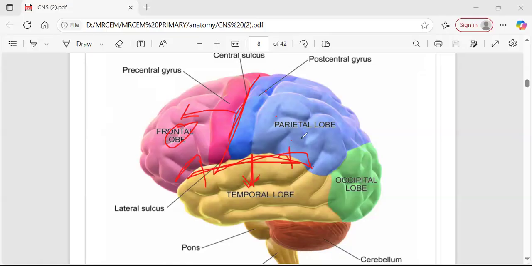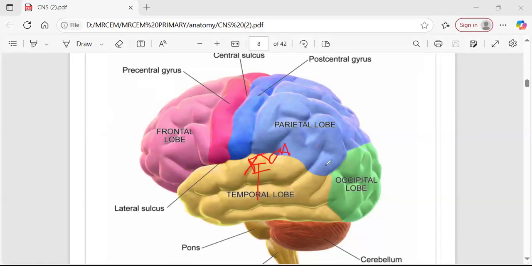Same for the parietal lobe, that is superior to the lateral sulcus, anterior to the occipital lobe, and posterior to the postcentral gyrus. If you remember this image, it would be easy to remember all the locations. The other thing, you can see that the temporal lobe is lying near the ear, in the temple area.